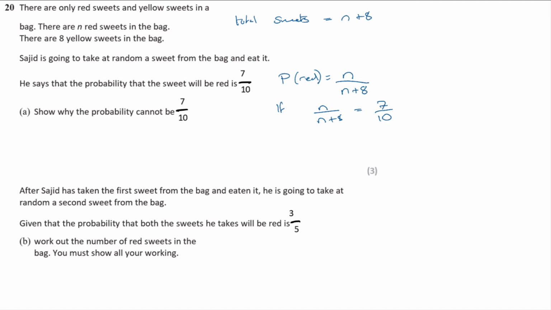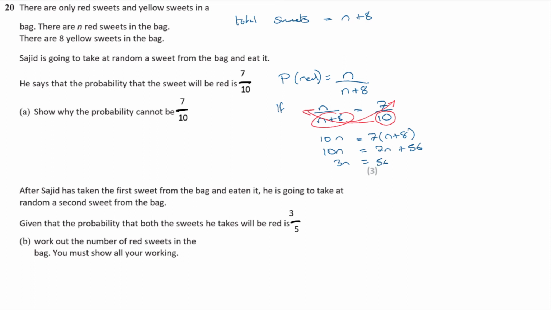Well, I suppose I could cross multiply this and find out, couldn't I? What about if I cross multiply that up there and that up there? Then I'm going to get 10n equals 7 lots of n plus 8, which is 10n equals 7n plus, what's that? 7 eights are 56. So that means 3n is equal to 56.